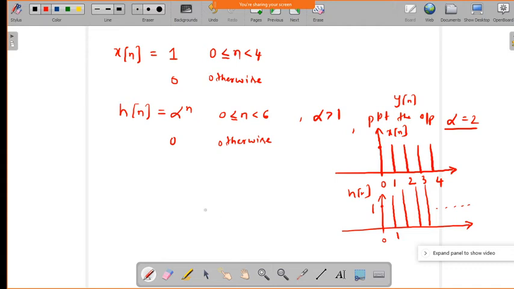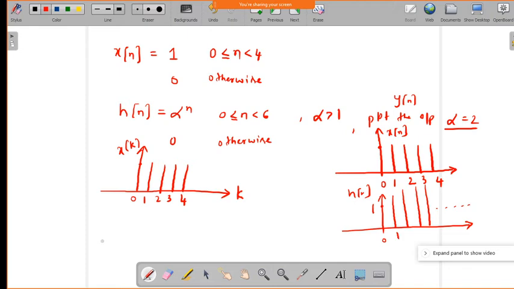Okay. So now you convert it to x of k and h of n minus k form. So what is x of k? Your x of k will be the same thing, which has the 4 samples up to the value of n equal to 4. So if you take x of k, this k axis goes up to 4. Okay. 0, 1, 2, 3 and 4.